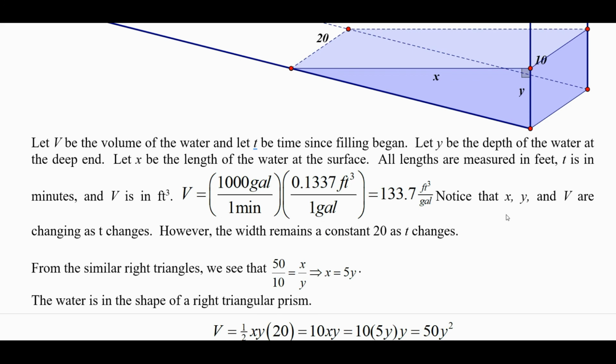Volume is 1,000 gallons per minute, and 1 gallon is 0.1337 cubic feet, so that works out to be 133.7 cubic feet per minute.